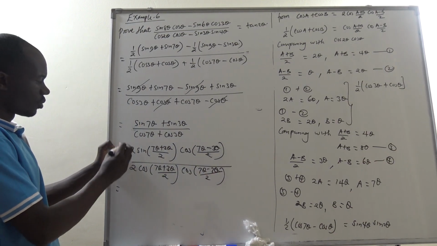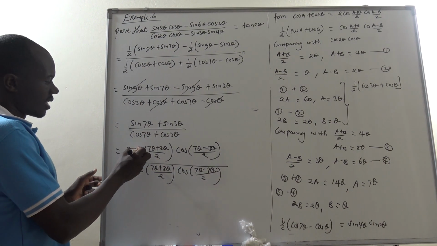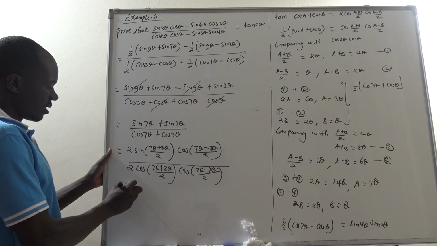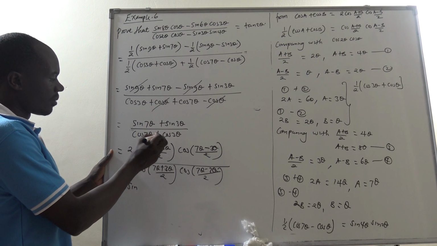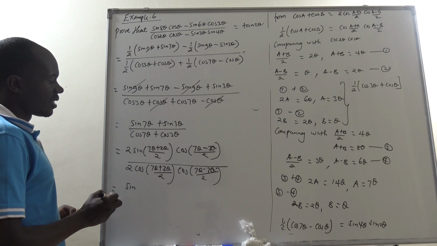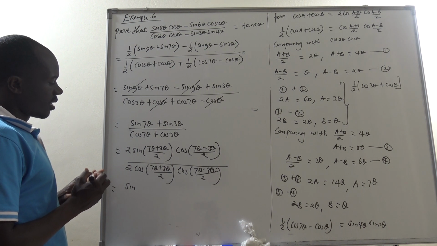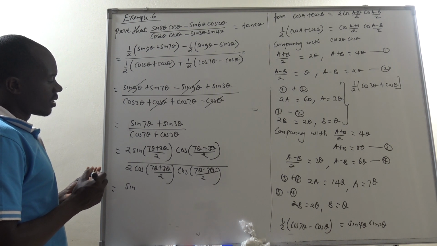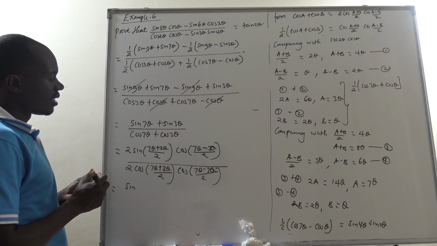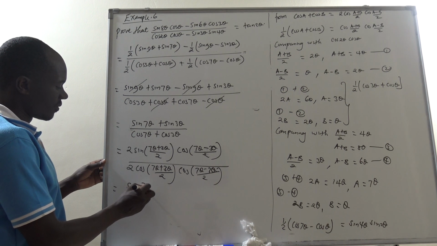So we are moving on. 2 disappears. Sine, here we get sine of 7 theta plus 3 theta, 10 theta divided by 2, we are coming out with 5 theta.